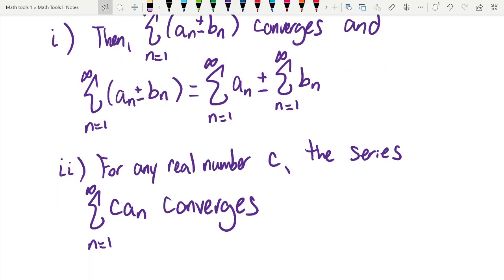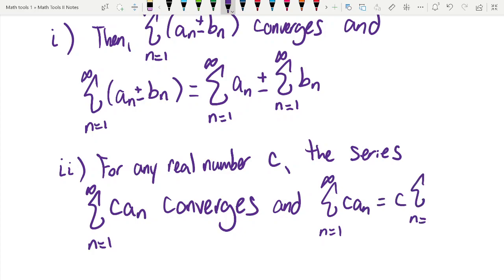We can take our series and multiply by anything. And in particular, the sum from n equals 1 to infinity of C times a sub n is equal to C times the sum from n equals 1 to infinity of a sub n. This is essentially the distributive property, but applied over an infinite series now.